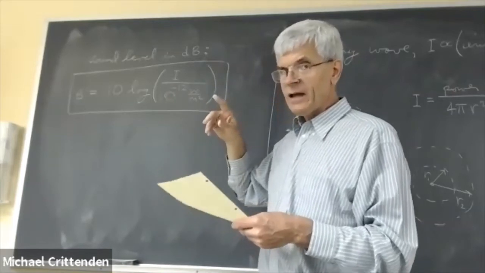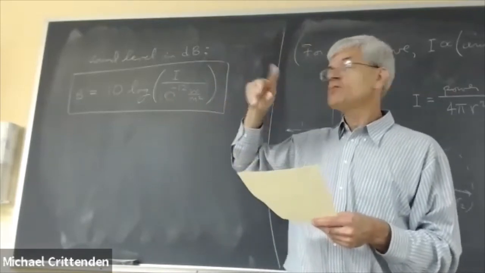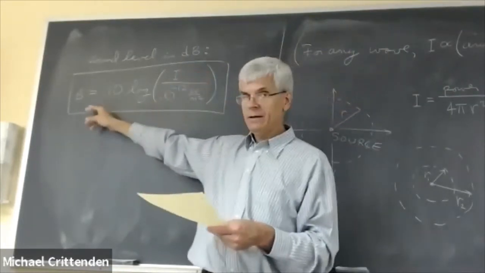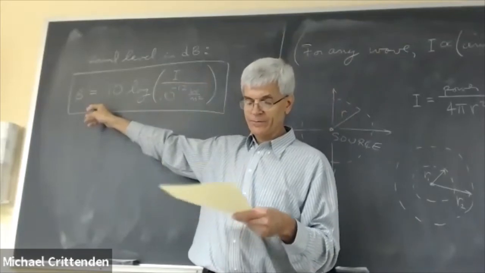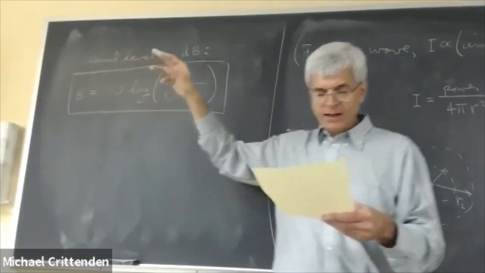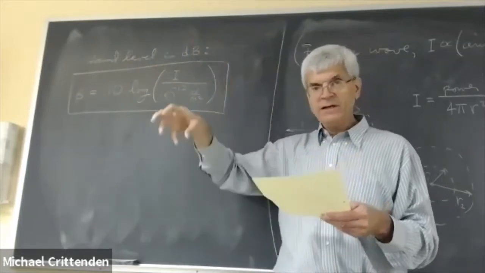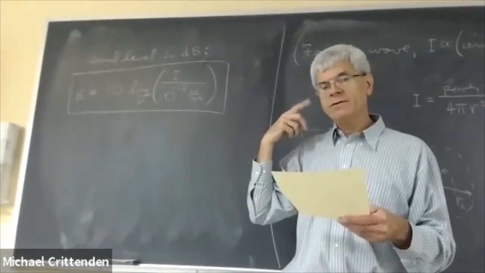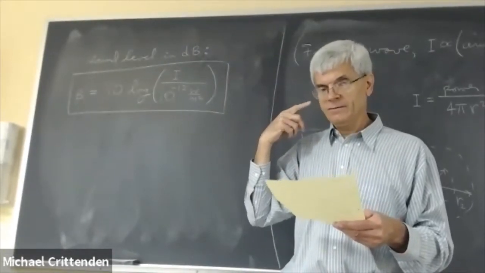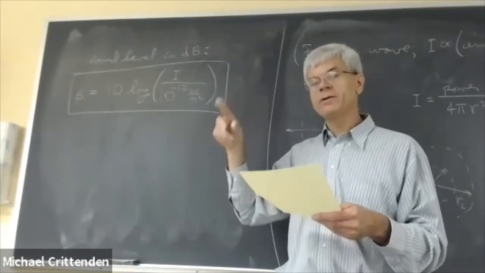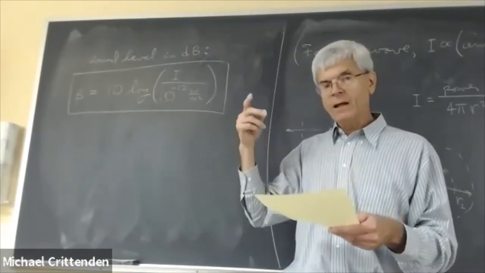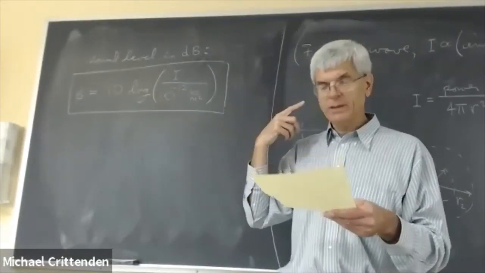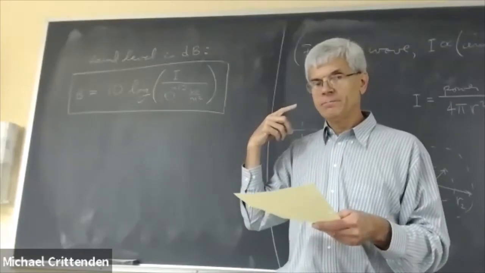The way a logarithmic scale works is every time you multiply the intensity by 10, you add 10 to the number of decibels, okay? So for example, if you compare 50 decibels to 100 decibels, as far as the amount of energy your ear is absorbing every second, intensity is energy per unit time per unit area. 50 decibels compared to 100 decibels, your ear is not absorbing twice as much energy per second.